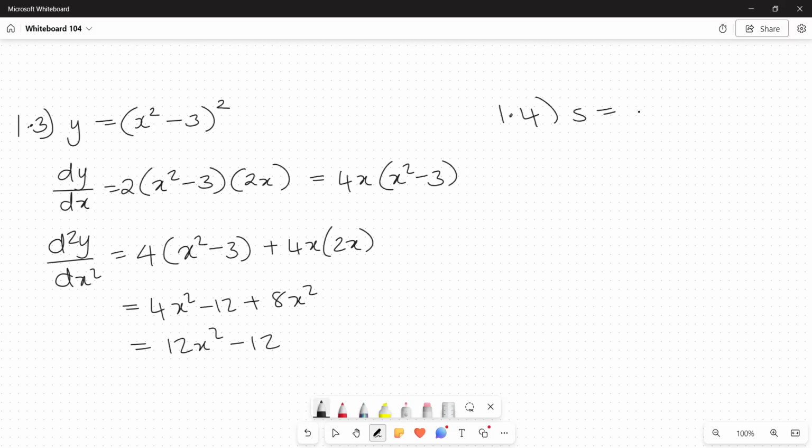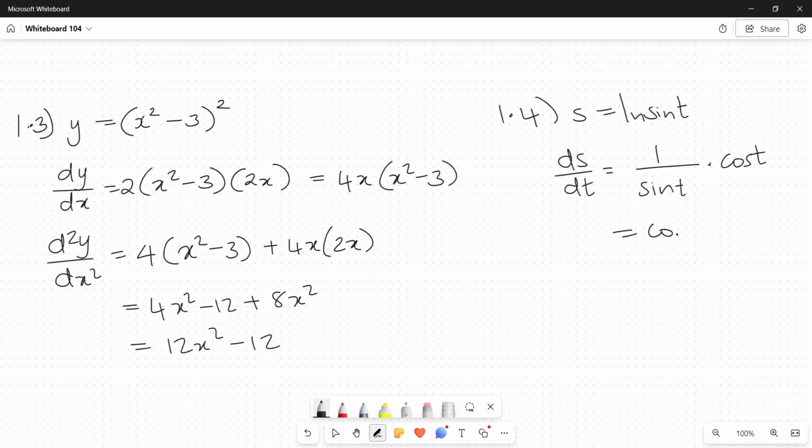Then 1.4. S is equal to ln of sine t. So we want ds dt, that's our first derivative. Chain rule again, we have 1 over sine t. The derivative of the sine t is cos t. So this is just cos t over sine t.